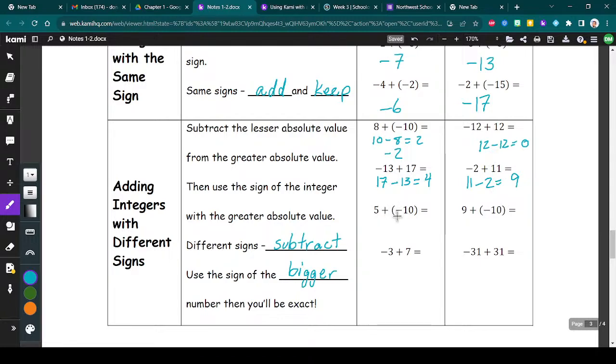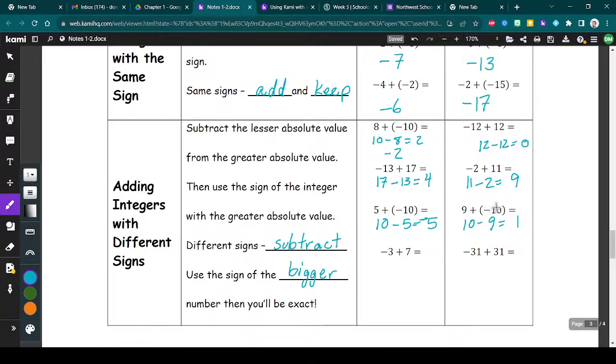5 plus negative 10, again, 10 is bigger, and then minus 5 is 5. And then because 10 is bigger and 10 is negative, we make it negative 5. 10 minus 9, because 10 is bigger than 9, we go 10 minus 9 is 1.